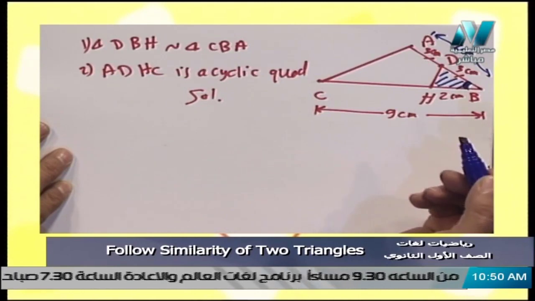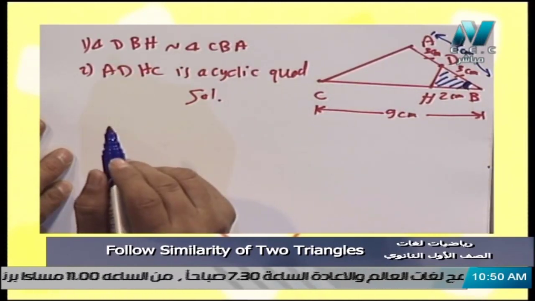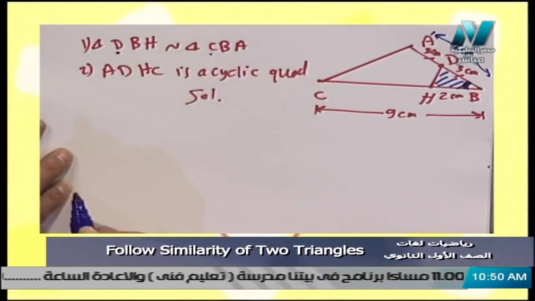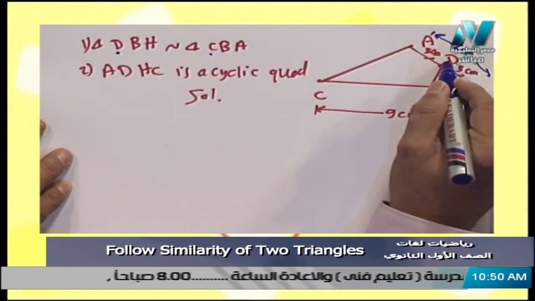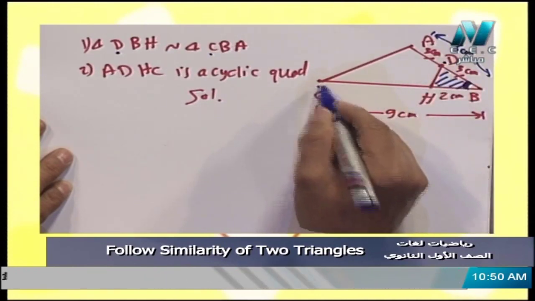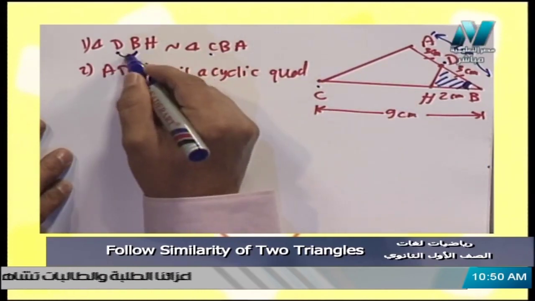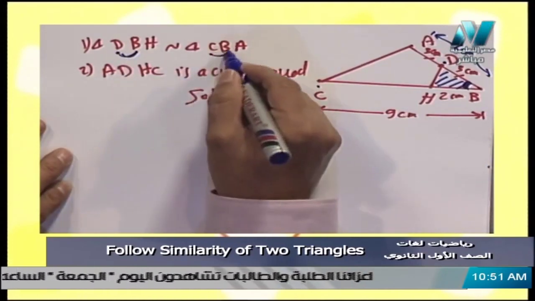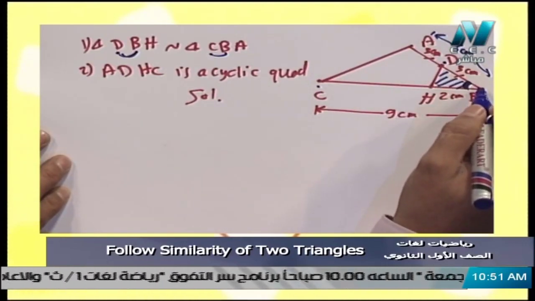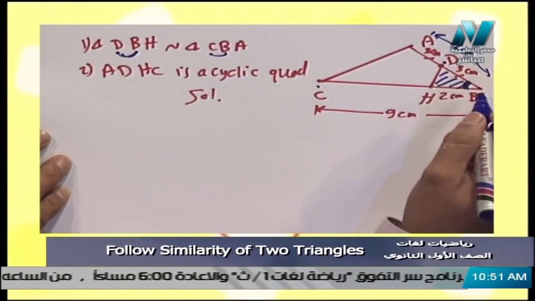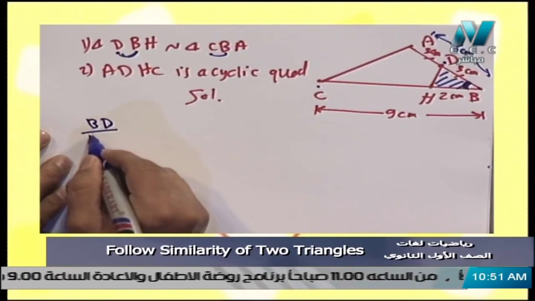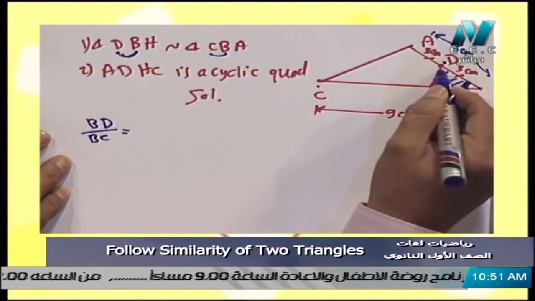So what we will do, if some of you notice that D here is corresponding to C, so when we start by D, we will start the other side with C, and we will take BD with BC. Okay, so if we divide BD over BC, it will be 3 over 9.